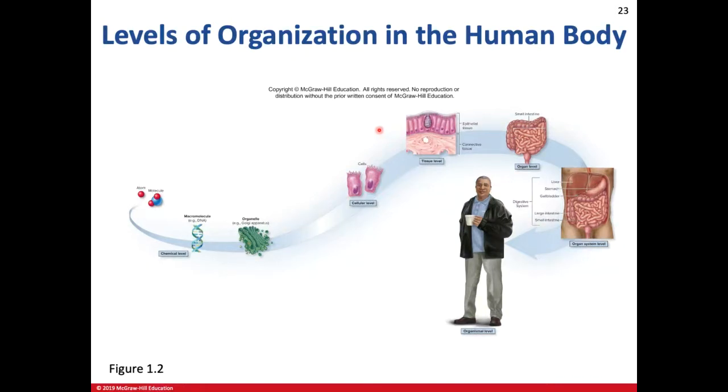There are four main tissue types: epithelial, connective, muscle, and nervous. Here you can see an example of epithelial tissue, and another is connective tissue right underneath it. And then you have organs, right, such as the small intestine, okay, which is a collection of different tissues, right? The inner lining of the small intestine is epithelial tissue.